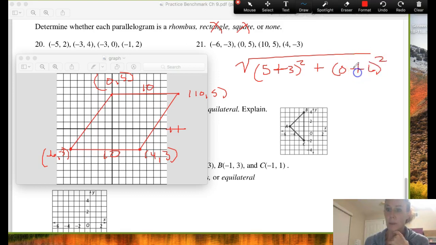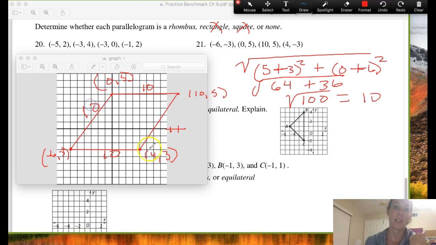Double negative makes a positive, and then we square it. All right, 5 plus 3 is 8. 8 squared is 64. 0 plus 6 is 6. 6 squared is 36. It's going to work out, guys. 64 plus 36 is 100. And we're going to square root that. The square root of 100 is 10.